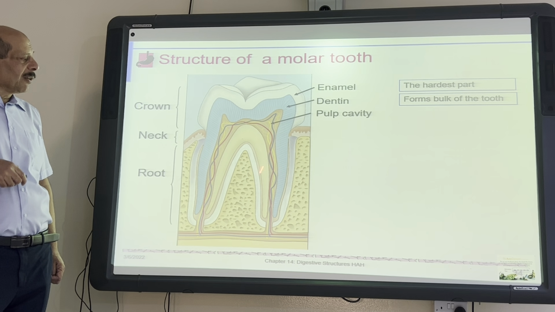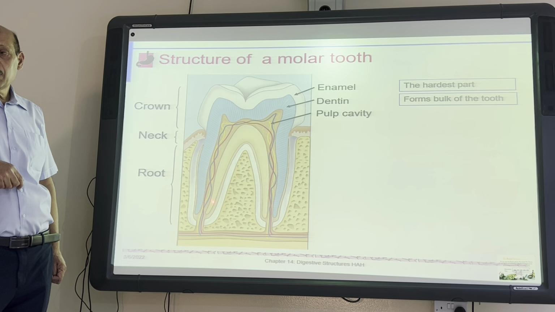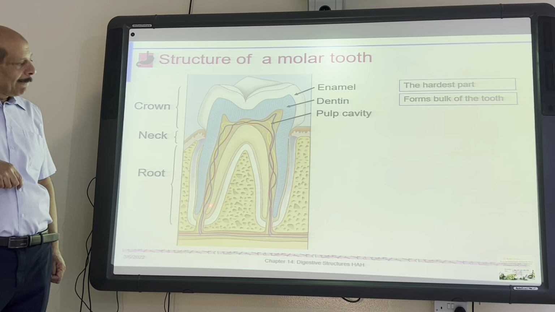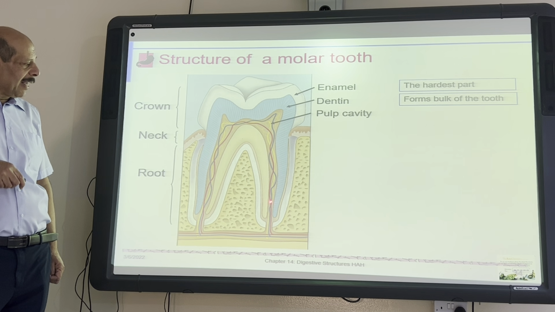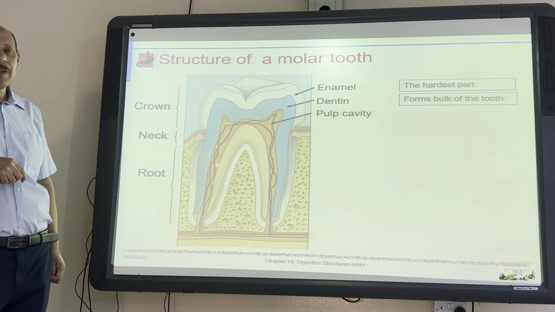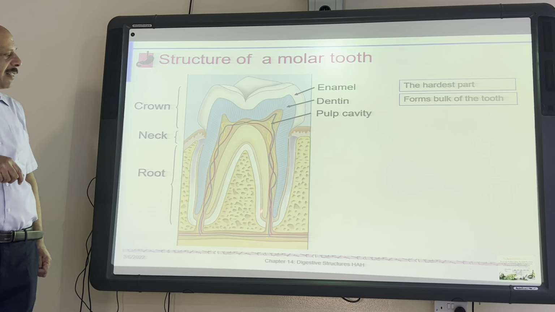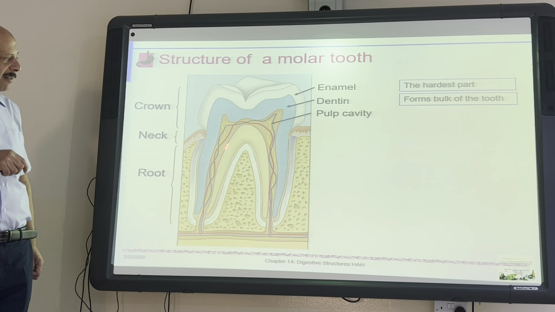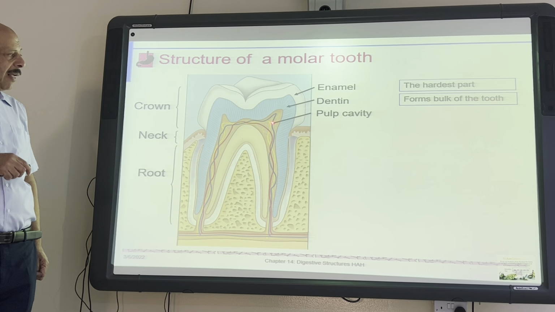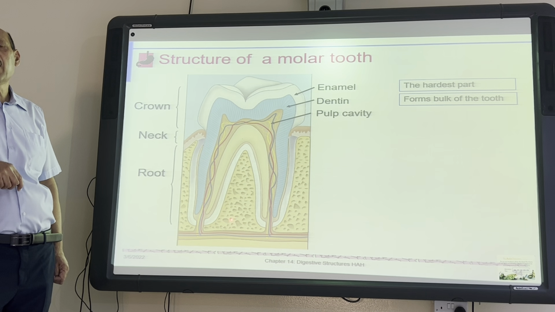The pulp cavity, what do you see inside here? Blood vessels are there, and what is the yellowish one here? The nerve. So blood vessels, these are the arteries, and these are the venous blood vessels, capillaries, and this is the nerve. They are coming inside the root.